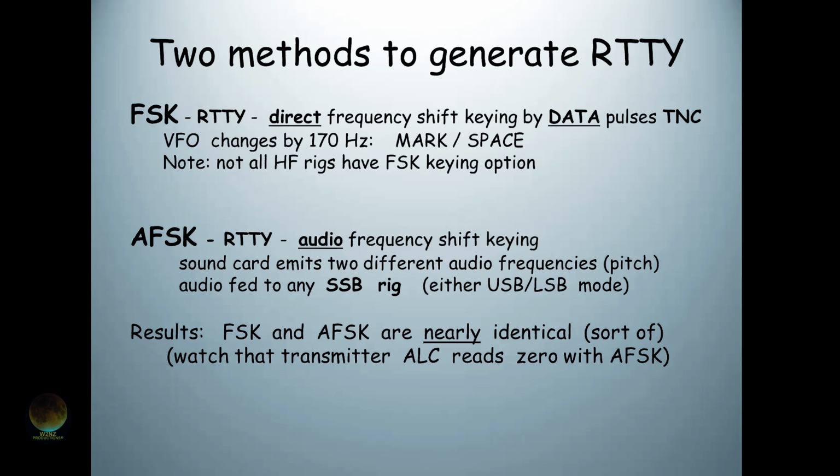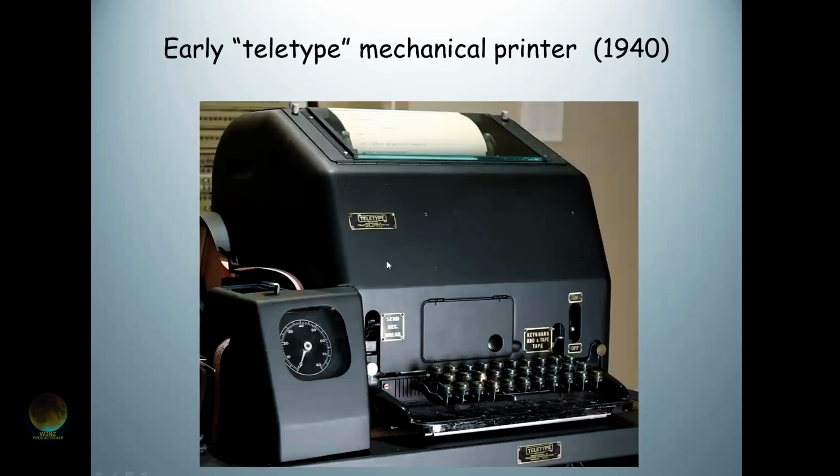So FSK and AFSK are nearly identical from the point of view of someone you're talking to. If you look at both on a spectrum analyzer, you can't tell which is which if the AFSK is sent cleanly and you're not overdriving the radio. But that's true of phone as well. The automatic level control, the ALC in your radio, ought to read 0 if you're transmitting RTTY. If you're on voice, yeah, you can give it a little bit more audio.